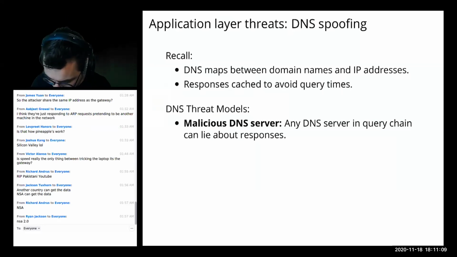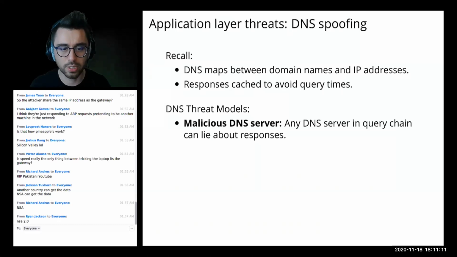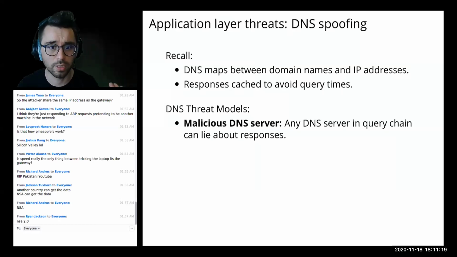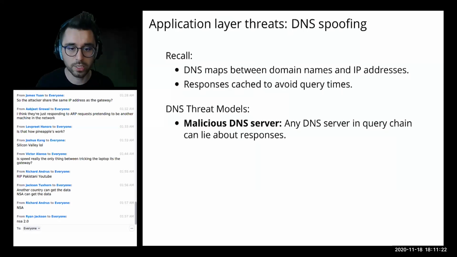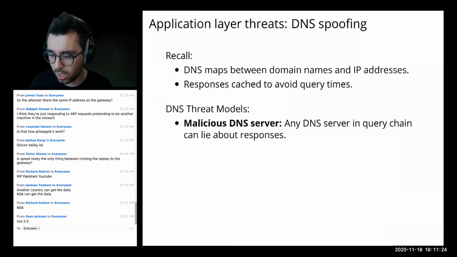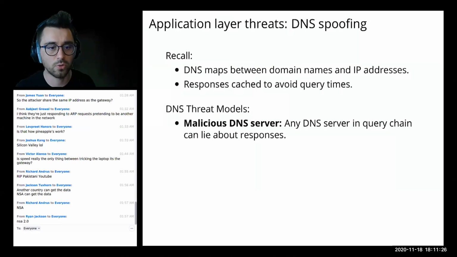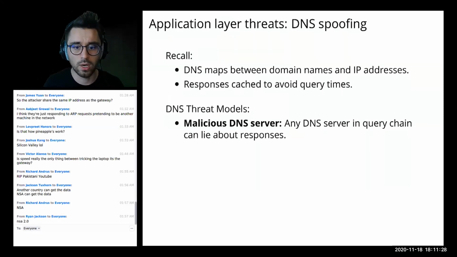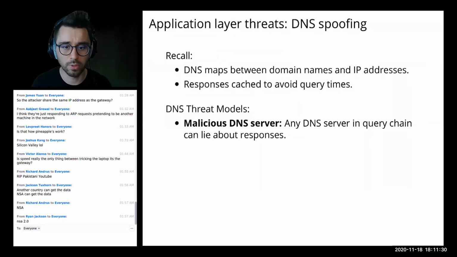So what are the threats that we should be worried about? There's a handful. The most obvious one is that we may be talking to a malicious DNS server. Like one of the other attacks, maybe the DHCP spoofing attack, it can trick the victim into thinking that they're talking to a real DNS server when in fact they're talking to a malicious one.